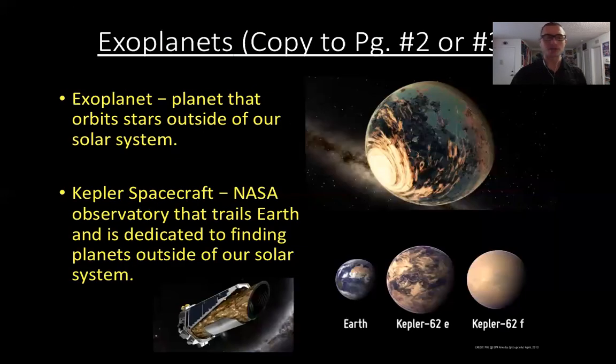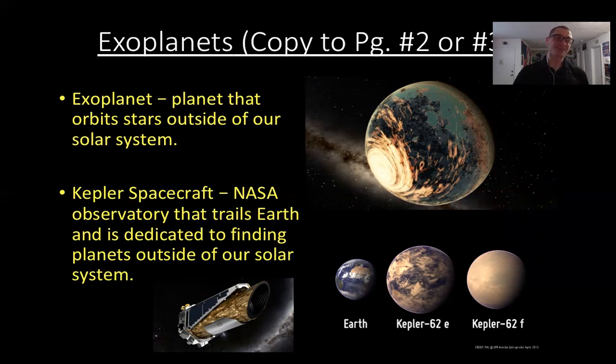Okay, our next video question, which I'm going to get to a little bit later. What I first want you to record here briefly is this idea of exoplanets, okay? So exoplanets are planets that orbit stars outside of our solar system. As you just saw through our first video, scientists are discovering other relatively Earth-like planets that are within their own Goldilocks zones, right?